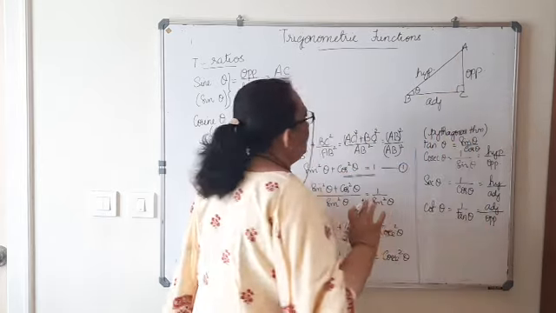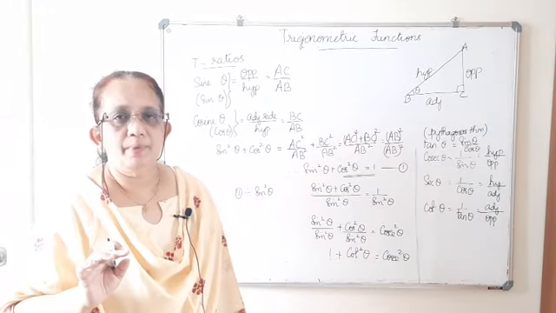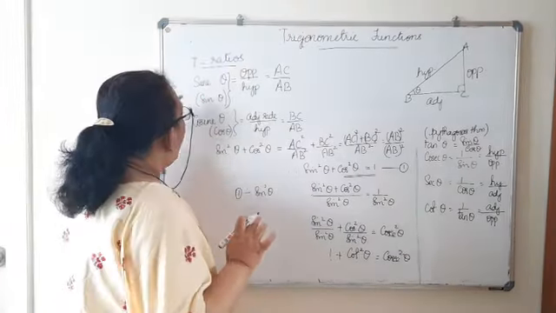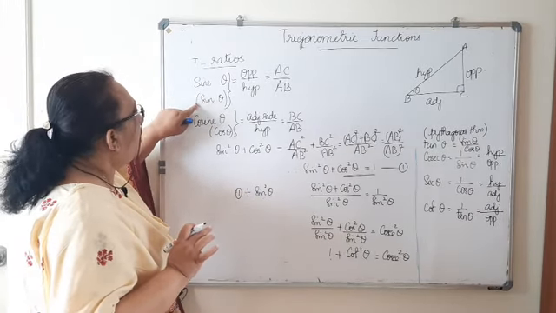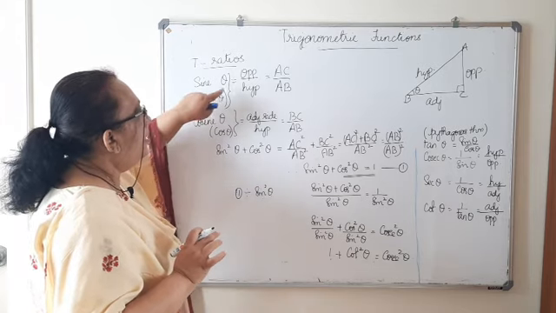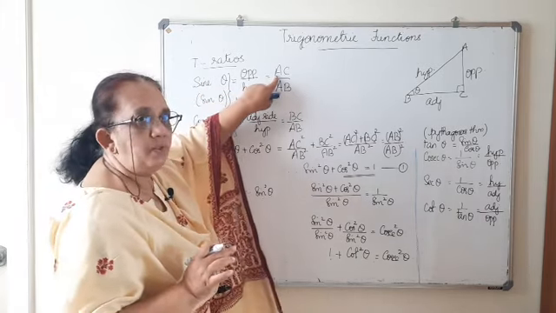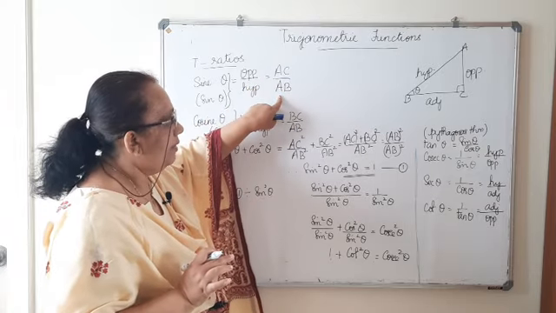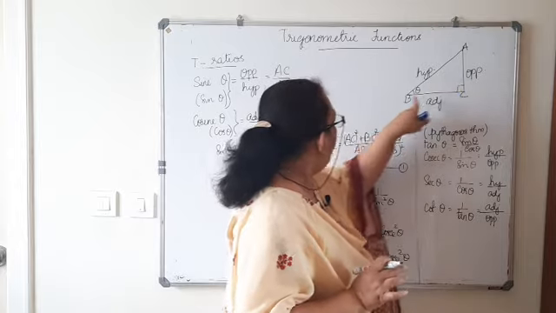Now, in earlier classes you have studied the trigonometric ratios, that is sine of the angle theta, and we write it as sin theta. Definition is opposite side by hypotenuse. It is equal to AC by AB. In this figure, opposite side AC by AB.